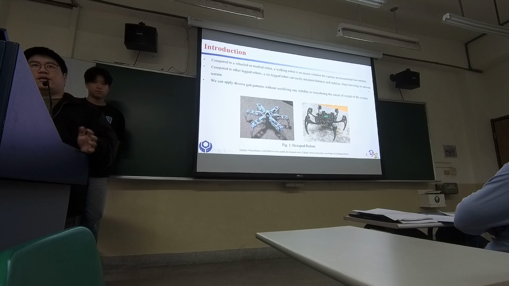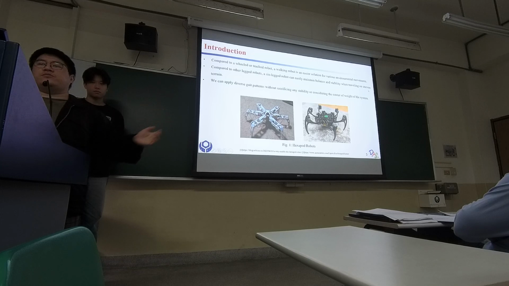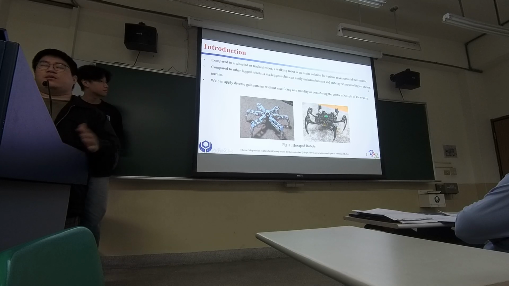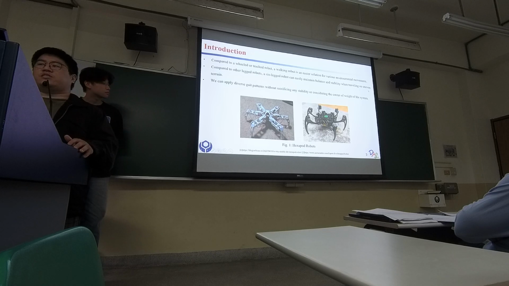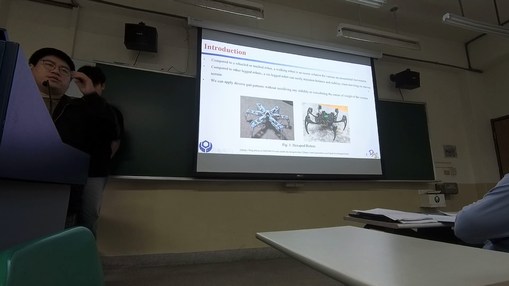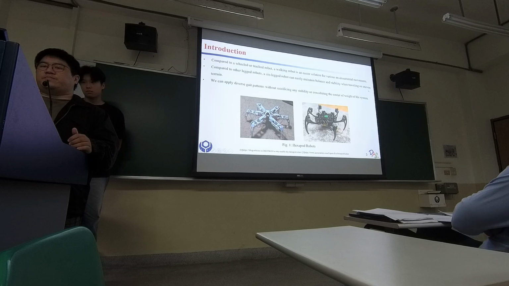By contrast, a hexapod can offer the following strengths. So first, compared to a wheeled or tracked robot, a walking robot is an easier solution for various environmental movement without using any wheel or other configuration.